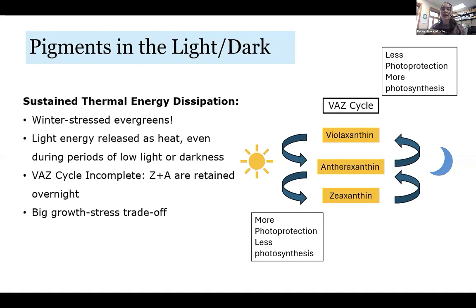So just as with the daily cycle, it is releasing extra light energy as heat, including during periods of darkness. But in this long-term sustained thermal energy dissipation, the VAZ cycle is kind of incomplete. Z and A are being retained overnight. And because of that, there is this trade-off with photosynthesis and growth in exchange for having those photoprotective pigments A and Z.